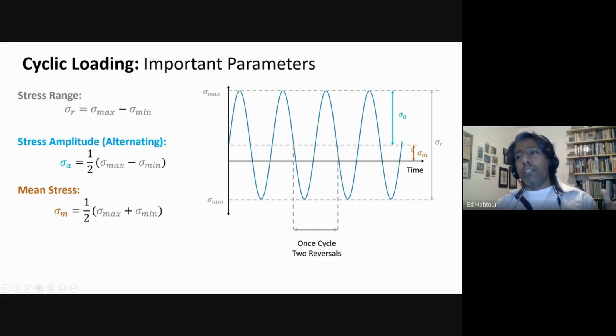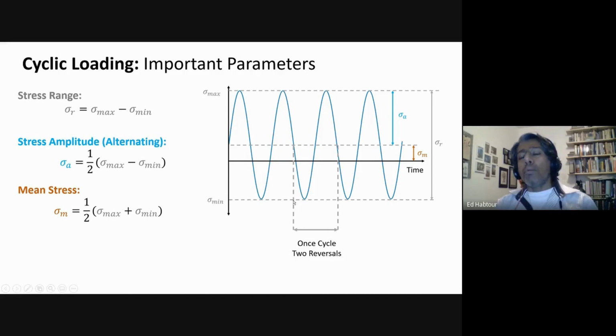You have to take into account if the mean is positive or negative. And it's this simple calculation here, where it's the maximum minus the minimum, and here it's just the addition of the 2 divided by 2 to calculate the mean stress.